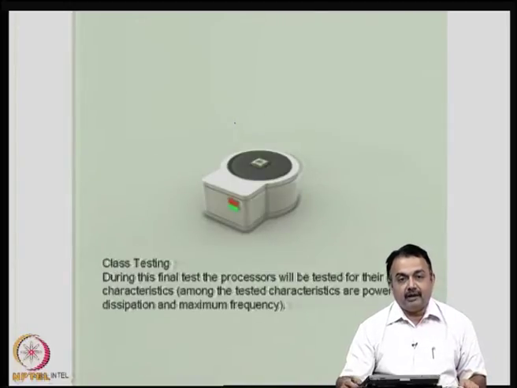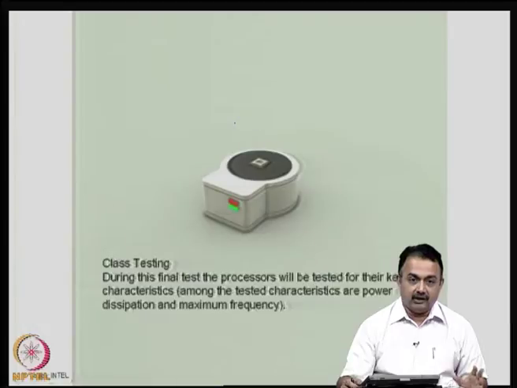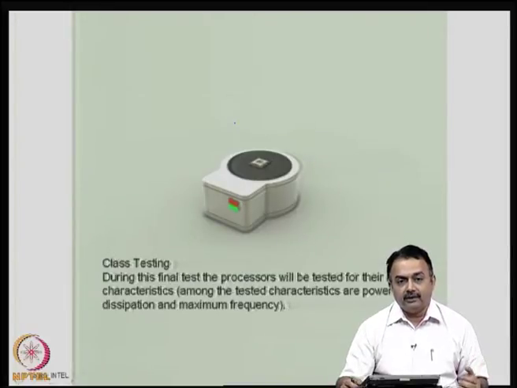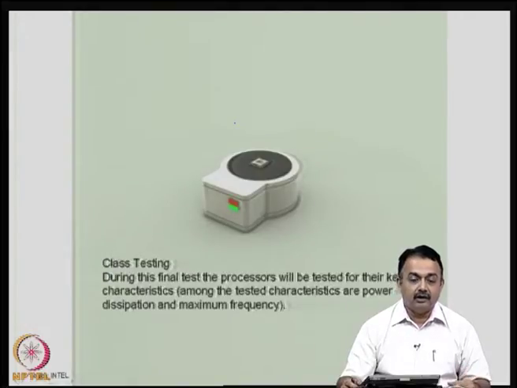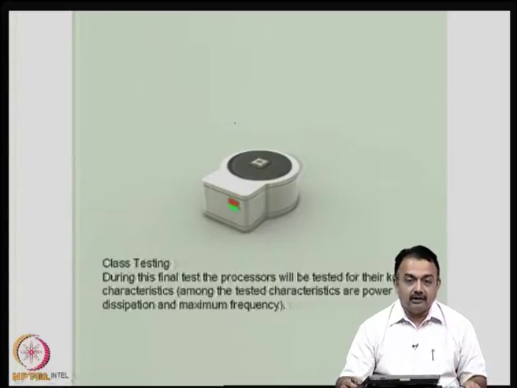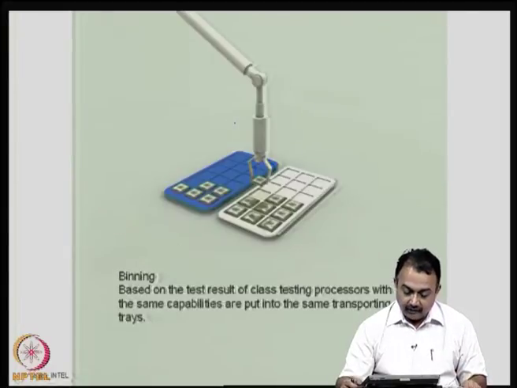Finally, these packages will go for routine electrical test once again, especially in terms of power dissipation and frequency handling. So, these are electrical tests that will have to be conducted once the die has been packaged, only then it is qualified.